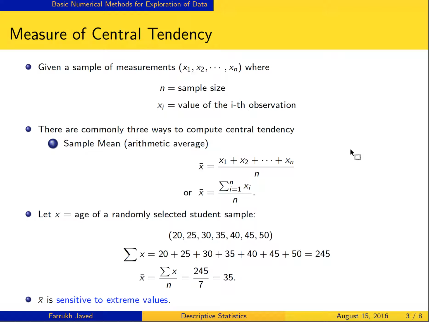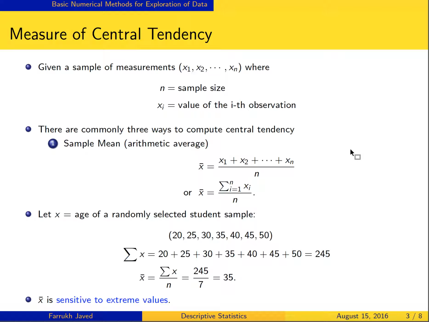If somebody asks me to evaluate the mean age of this class group, I will add all those numbers together, which is actually 245 in this case, and then I divide that number by the number of observations, which is 7. So the average age of this small group of students is 35. We usually use the notation X bar for representing sample mean or arithmetic mean.